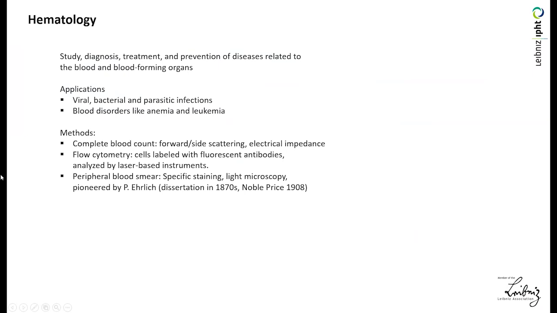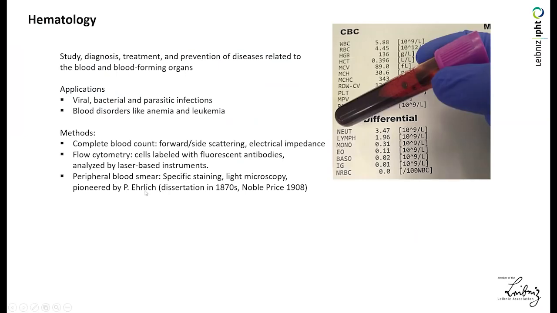The main method is the complete blood count, which can be performed very rapidly by a combination of forward and side scattering and electrical impedance. The results of a complete blood count are shown here on the right.